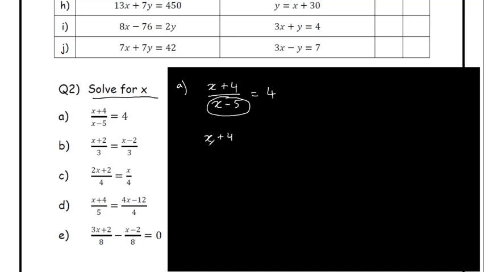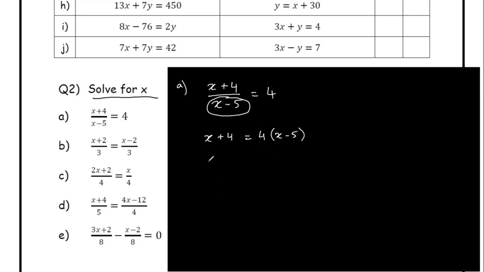When I say multiply both sides by x minus 5, I simply mean take this to the right hand side, because that would naturally happen if I were to multiply x minus 5 on both sides like this. So this and this would cancel and you end up getting that step.